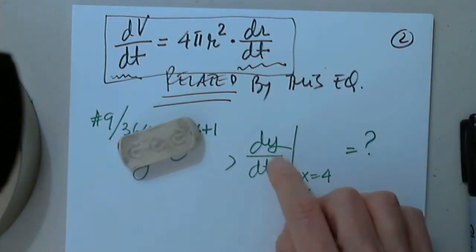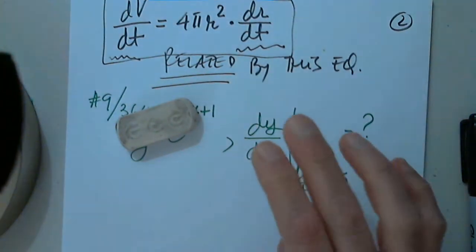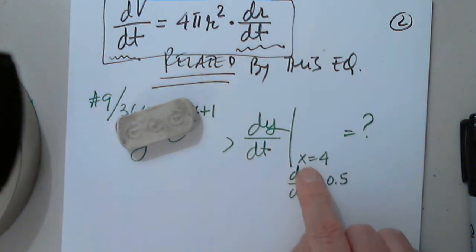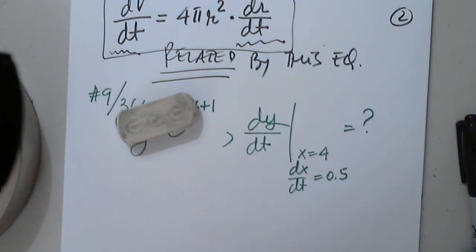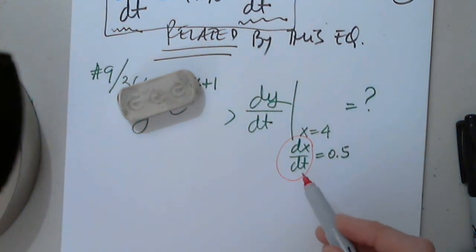So dy over dt means that y is a function of time. We're asked to find this, not only, but evaluate it when x is 4 and when dx over dt is 0.5. But what does this mean? This also tells me what?